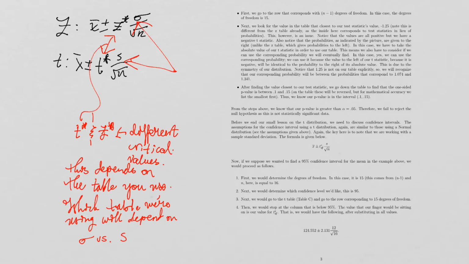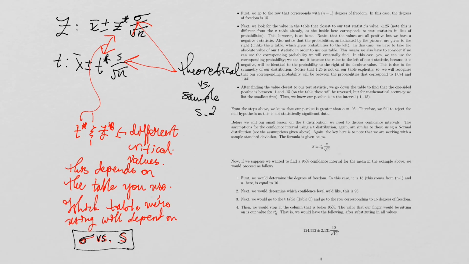I'm actually going to draw that again in black. Sigma versus s. Okay. If you had some black and red lenses, you could get some 3D action going on there. But the main point being, if you are given a theoretical versus a sample standard deviation value, that's going to inform your selection.